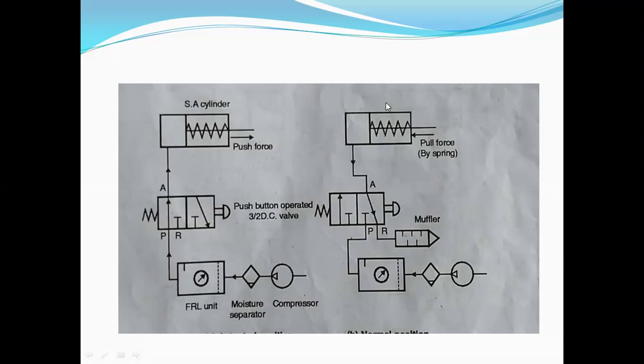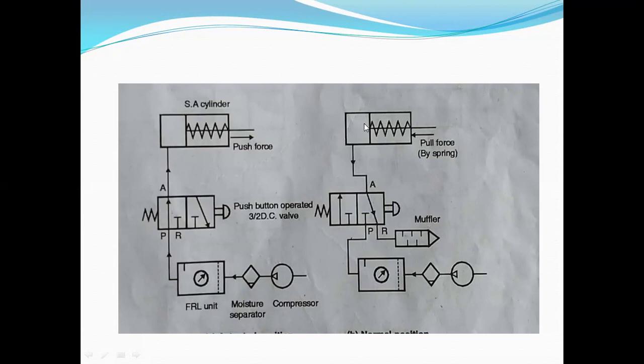As there is no compressed air supply to the system right now, and your return line is connected through R to the muffler, from which the air is transferred to the atmosphere, a pressure difference is again created.